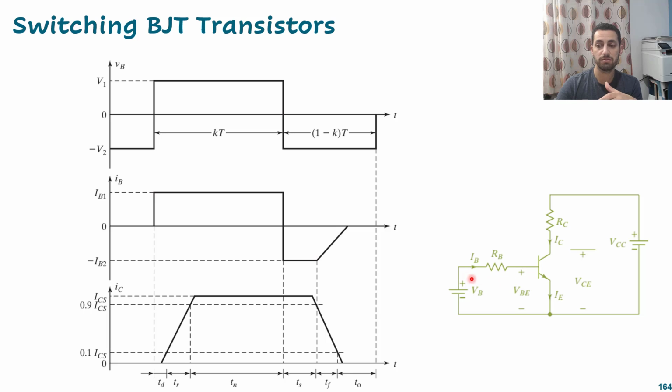By supplying a positive voltage on the base, that voltage pushes some current, which is I base. That I base controls the current coming into the collector, and that takes some time. First is the delay time, then the rise time, and we call this the on time of switching.